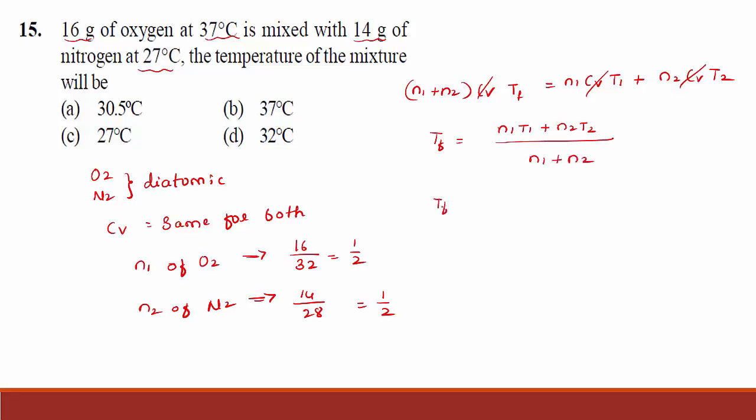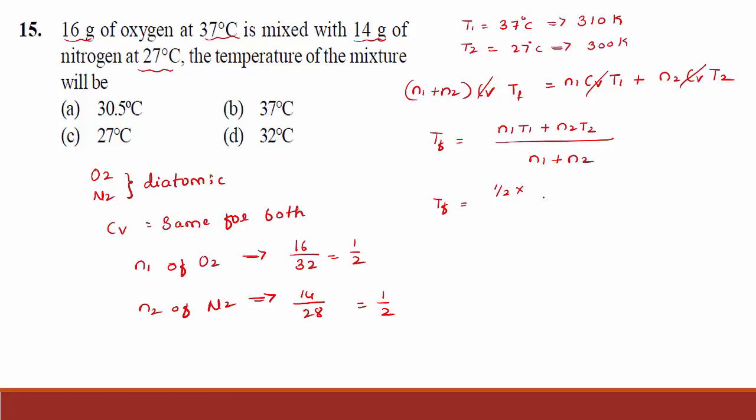Now substitute the values. N1 is 1 by 2, and the temperature for oxygen T1 equal to 37 degrees Celsius. Convert in terms of Kelvin, plus 273, we get 310 Kelvin. For nitrogen, T2 equal to 27 degrees Celsius, so 300 Kelvin.